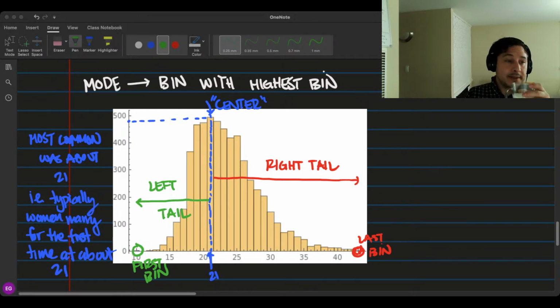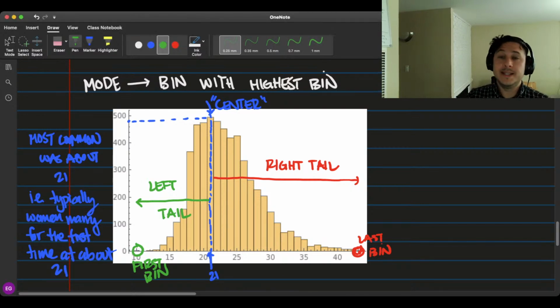So what do you notice about the tails? I know that people are writing, so don't feel super pressured, because it takes a moment to draw the histogram. Yeah, the right tail is longer.